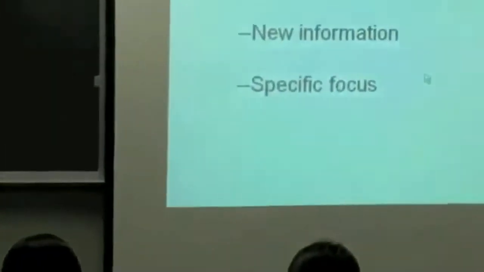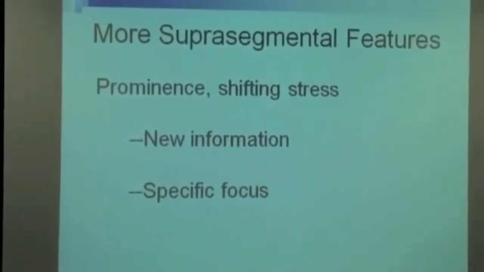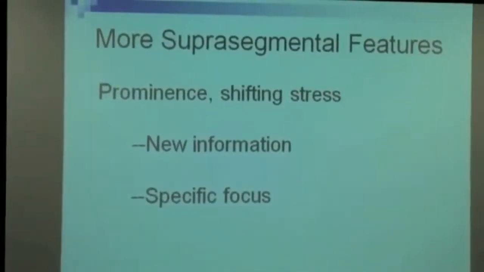The first one is called prominence or shifting stress. And let me grab this so that I know that I'm looking at the same thing as you. Okay, the basic sentence stress pattern says that basically we stress nouns, verbs, adjectives, and adverbs. But on top of that, there's always one or two words within a sentence that really stand out.